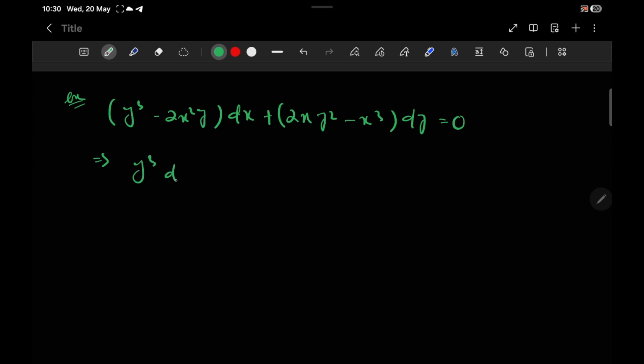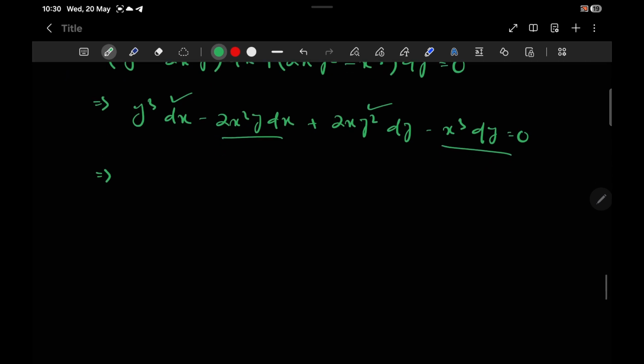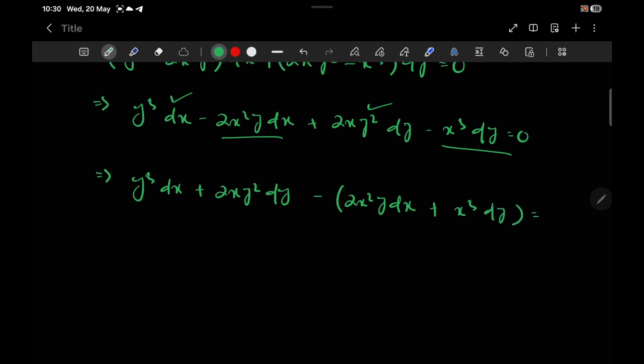So y cube dx minus 2x square y dx plus 2xy square dy minus x cube dy is equal to 0. Let's bring this term and this term together, and this term and this term together. So we get y cube dx plus 2xy square dy minus 2x square y dx plus x cube dy is equal to 0.